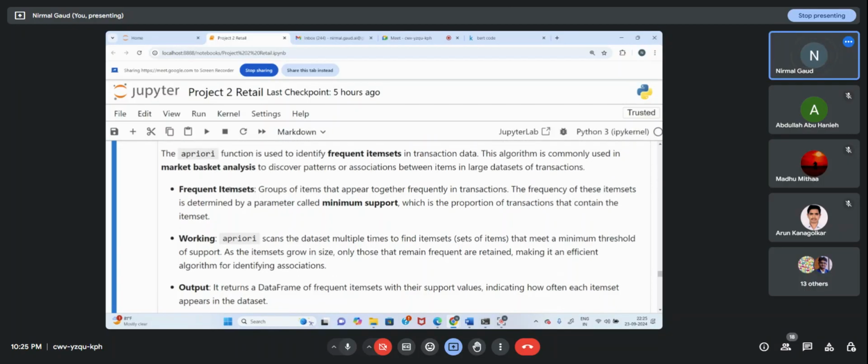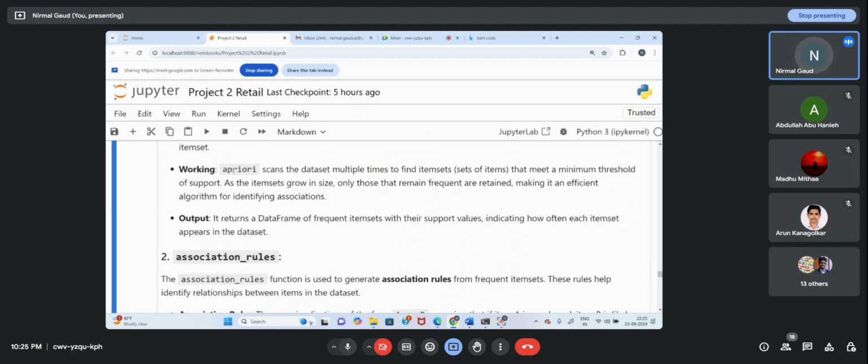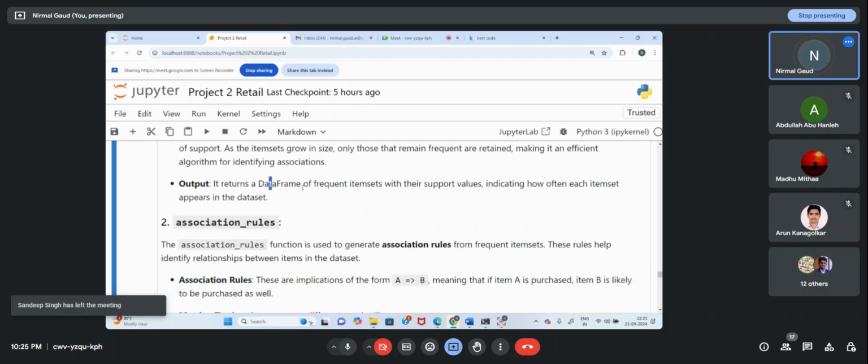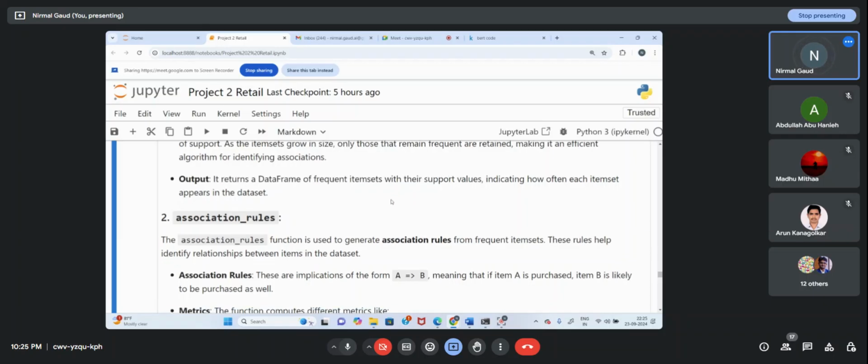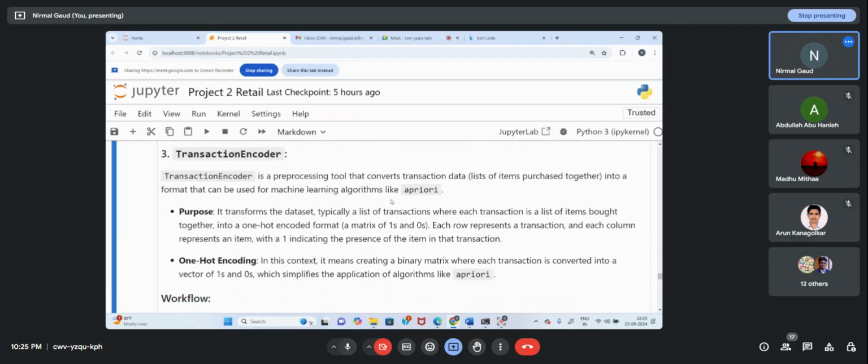I used the group of items, the frequent items. I applied the Apriori algorithm to meet the minimum threshold, and then I returned the data frame of frequent item sets which are used. Okay, fine.